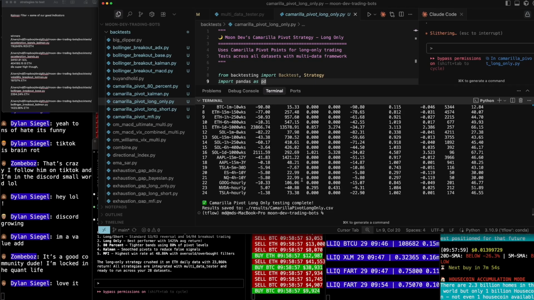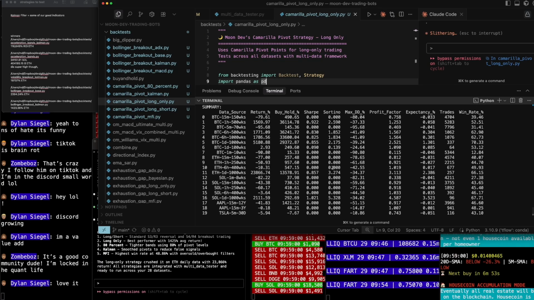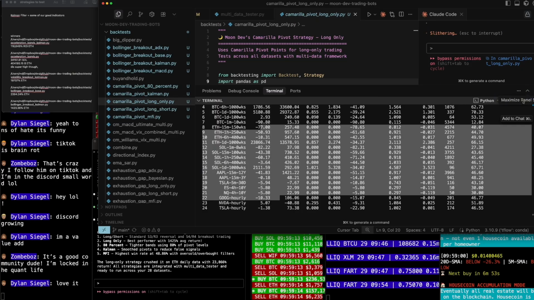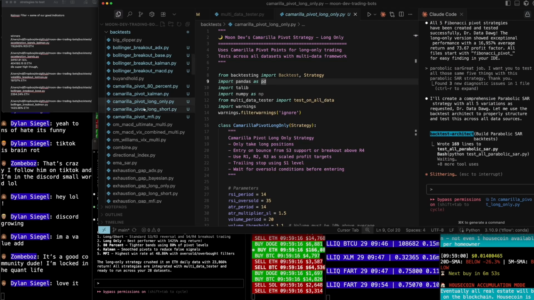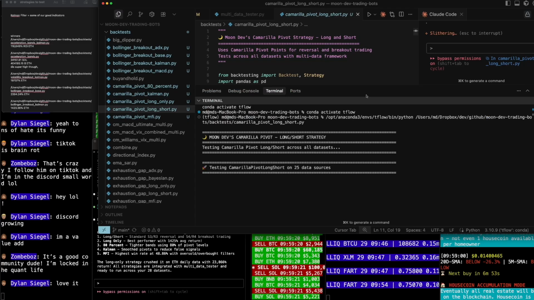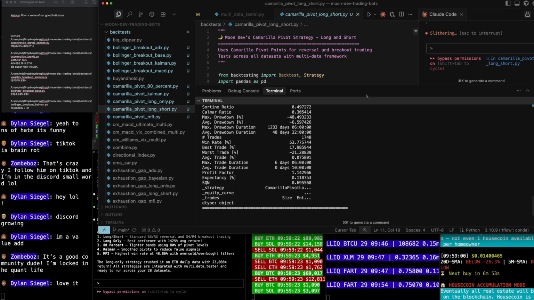Okay, so this one's good. Solid, solid, solid. Profit factor 3.1. This return is 23,000 versus 13,000. This one's not great because you see all these negatives here. I'm just going to keep pushing. But long only did make that better. Short only is not going to look good. I'll tell you that much right now. Short only in crypto, scotch.